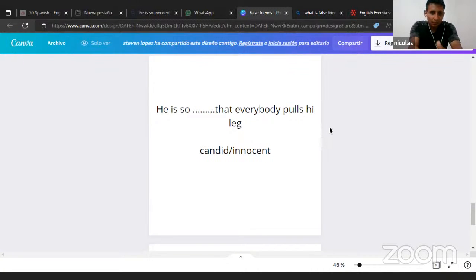I don't understand. Clearly, this sentence. Can you explain, please? He is so innocent that everybody pulls his leg. Pull his leg is an idiom that means that everybody takes advantage of this person. Everybody bullies this person or takes advantage of him.